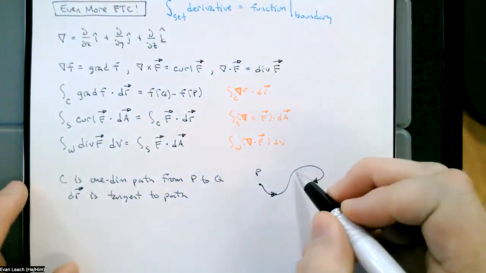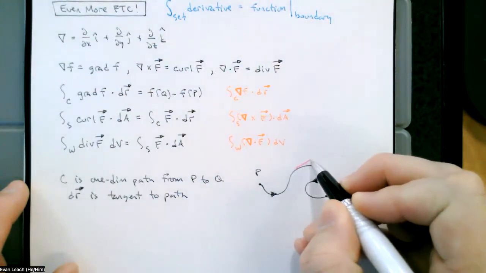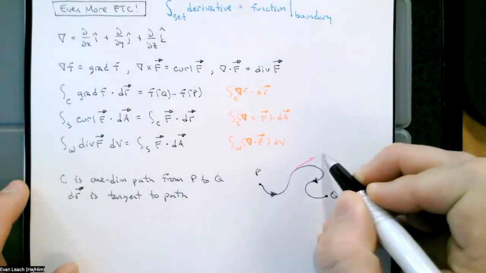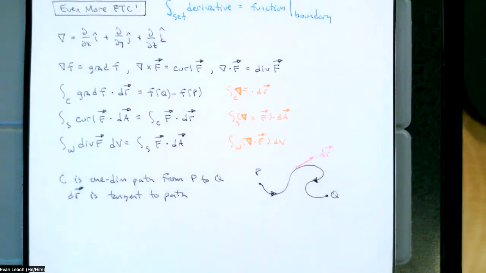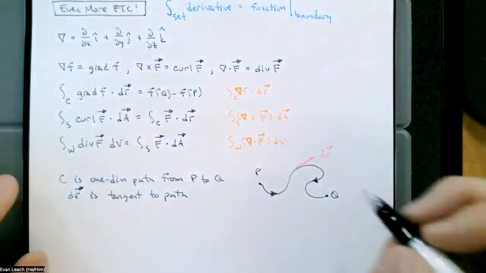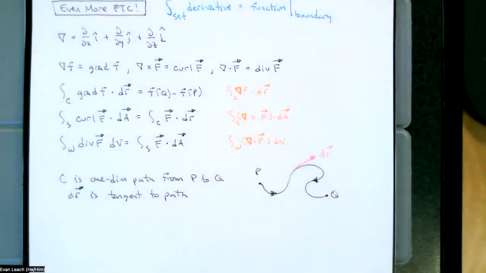So at some point, dr is just tangent to the path, some vector tangent to the path.